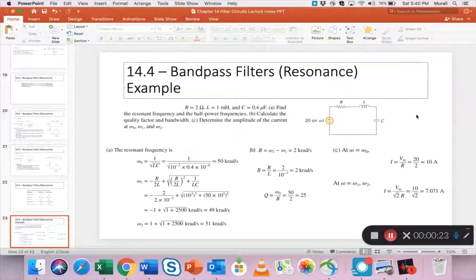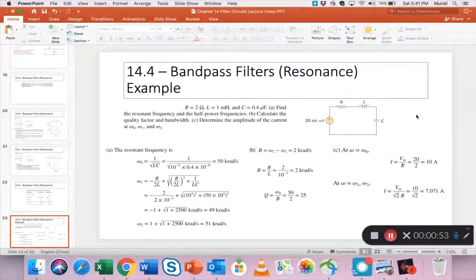I also have just a couple of simple examples from the active filters chapter, not that I expect you to prepare for an exam question on active filters, but I thought I'd still do an example or two just to make sure that you understood some of the basic ideas on active filters also.